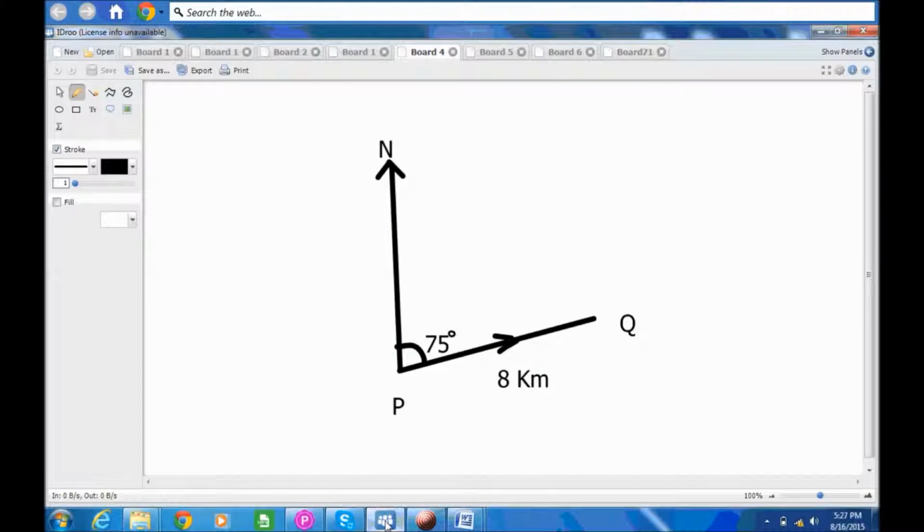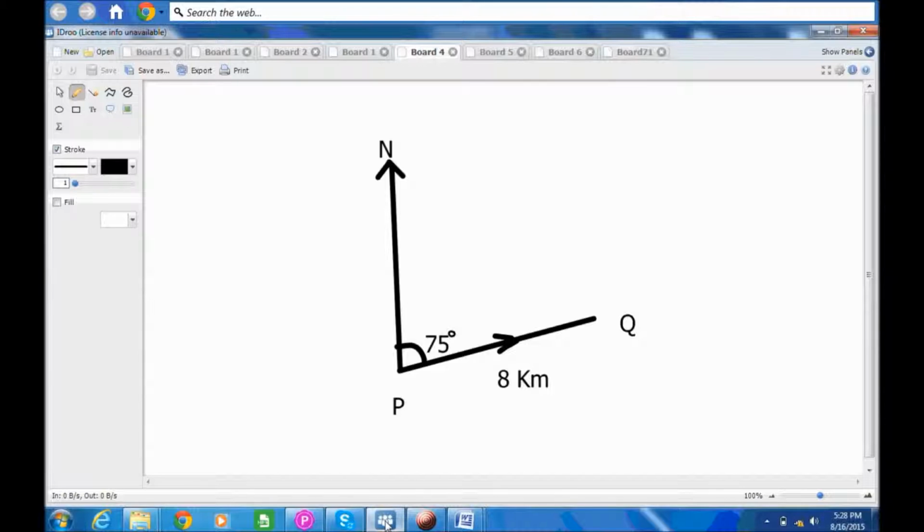For example, the displacement of the ship from P to Q is represented by the directed line segment PQ, that's of 8 kilometers. So the length of PQ indicates the magnitude and the arrow indicates the direction of the vector.